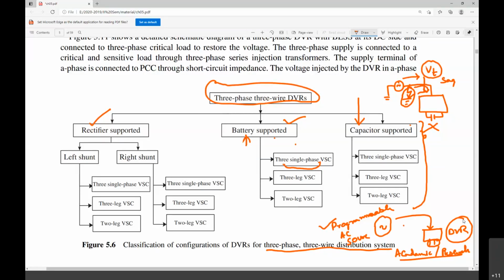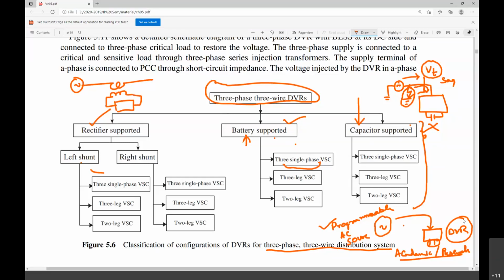Here, the rectifier supported. In this case of the rectifier supported, what they say is that it is the left shunt or the right shunt. That means the charging of the capacitor: suppose we have a source and this is the DVR, and it is connected to this particular inverter over here.